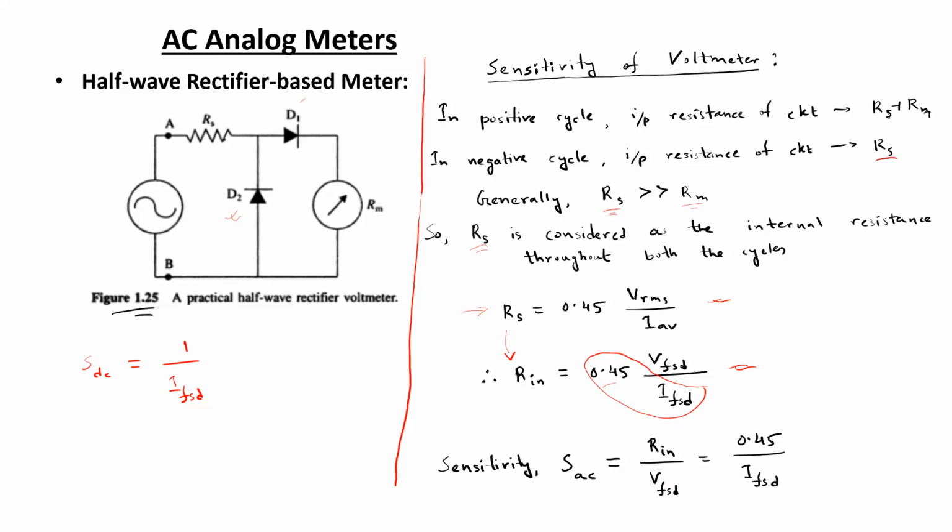So if the average current is considered, then obviously, because of the negative half cycle that we are losing, we can say that the sensitivity is supposed to be a little bit less compared to the constant DC currents that we get in case of DC supply.